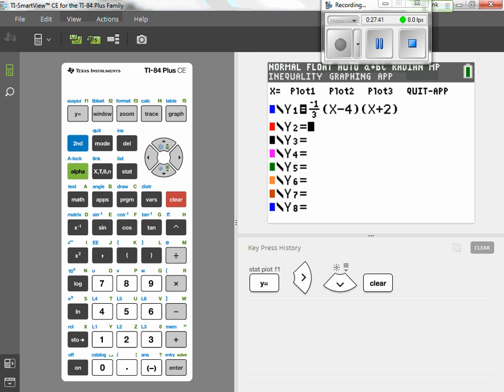And what I want you to do is hit y equals and graph this thing. So you're going to hit y equals and type the function in.